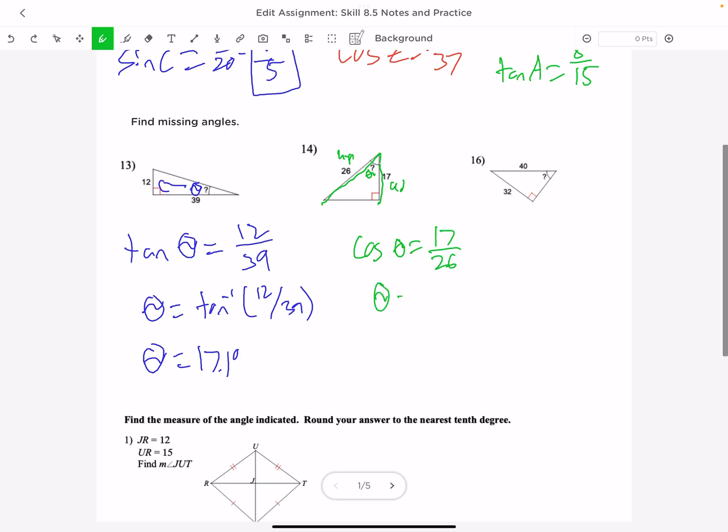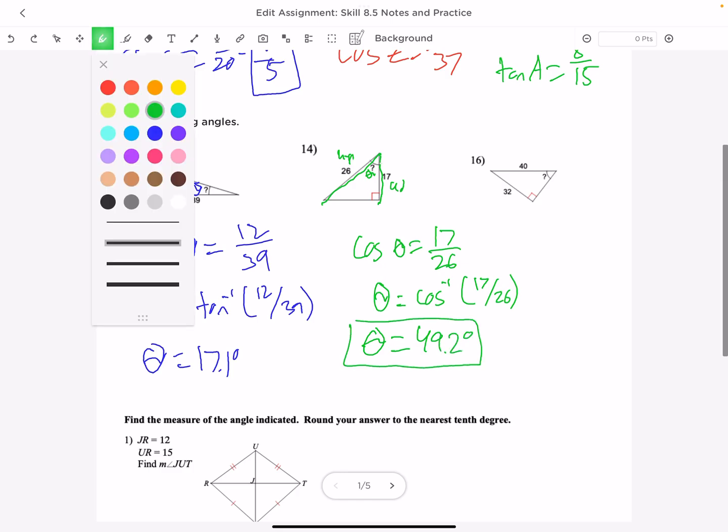So theta is equal to the inverse cosine of 17 over 26. In my calculator, I would do 17 divided by 26 equals, and then second cosine button, which is the inverse cosine button, and theta is equal to 49.2 degrees, according to the calculator.